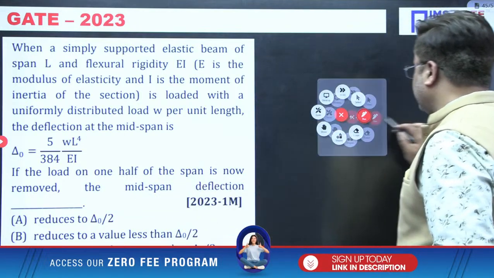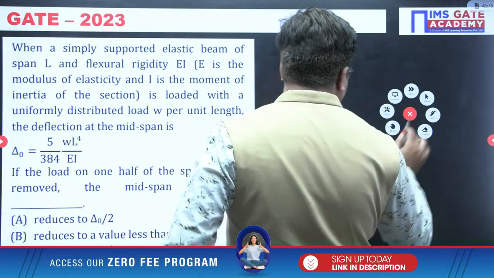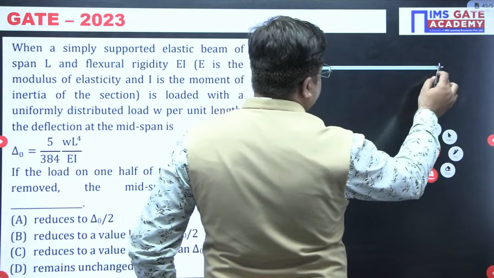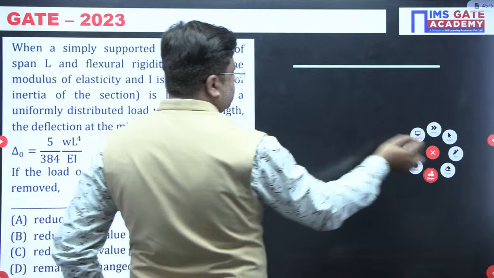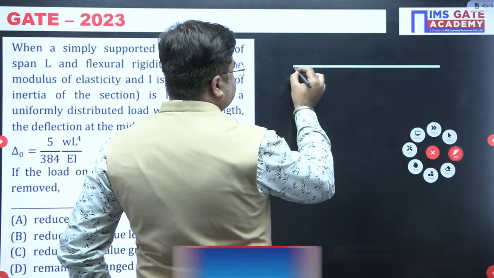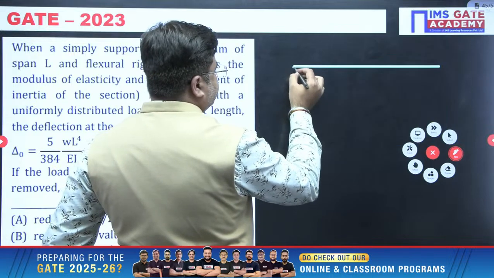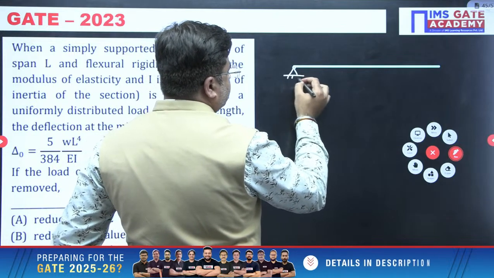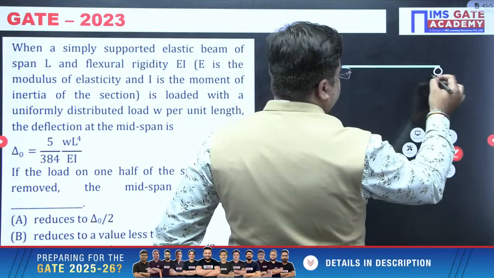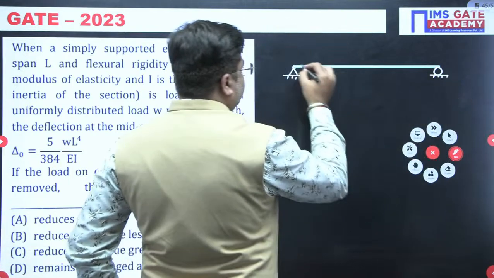So in simple words, first the beam is like this. This is the initial beam. This beam is subjected to UDL.